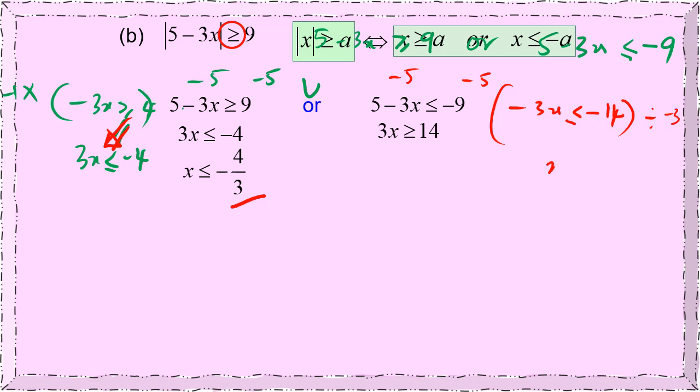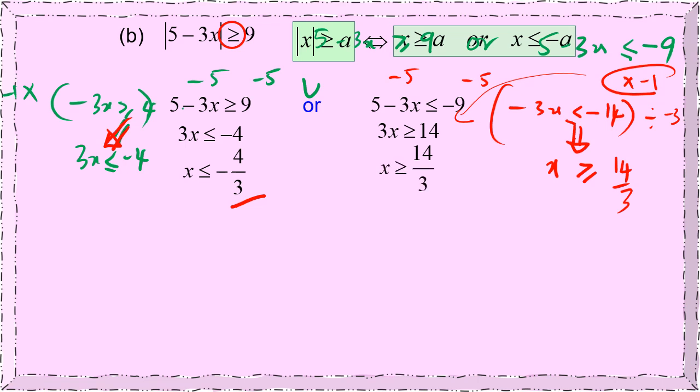So x will be more than or equal to 14 over 3. Here 3x is more than 14 because they eliminate the negative side first. If you multiply with negative 1, we get 3x more than or equal to 14. Here I directly divide by negative 3, so you get x is more than or equal to 14 over 3.